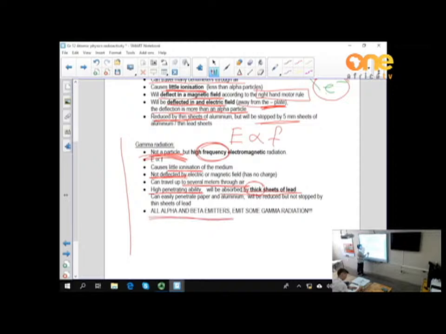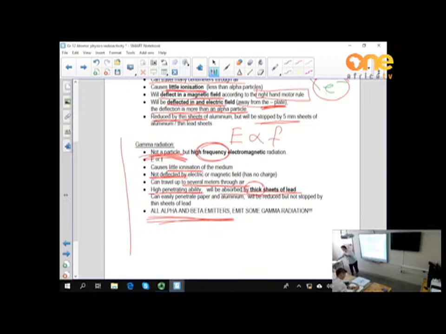Alpha and beta emitters. Certain elements are alpha emitters, certain elements are beta emitters. It just depends. For example, the uranium was an alpha emitter. Carbon-14 is a beta emitter. But whether it's an alpha or a beta emitter, the moment it shoots out a particle, there's a hole in the nucleus.